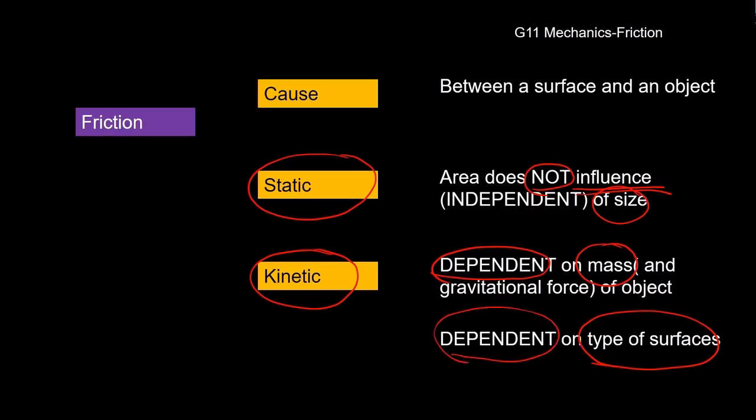If you've got a smooth surface, then those surfaces would have less friction between them, but they still will have friction. So the size of the frictional force is dependent on the types of surfaces that are rubbing together.